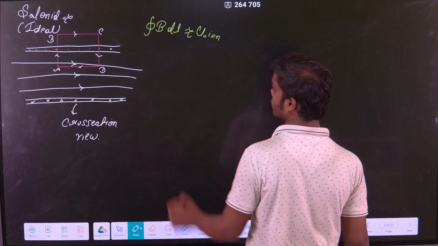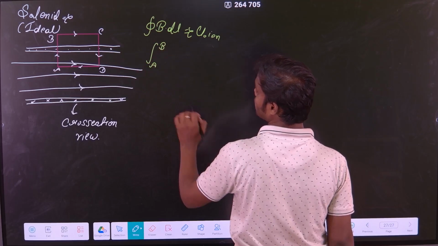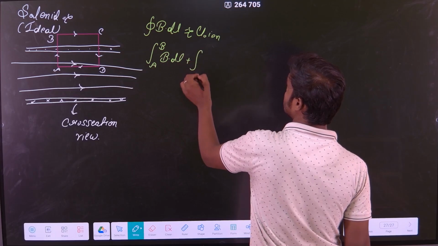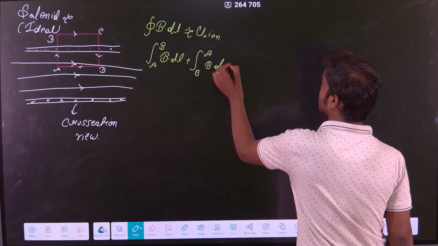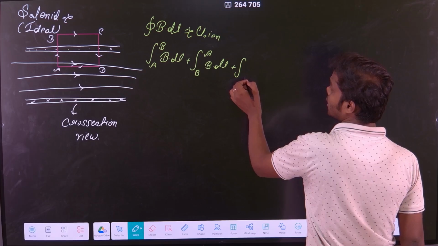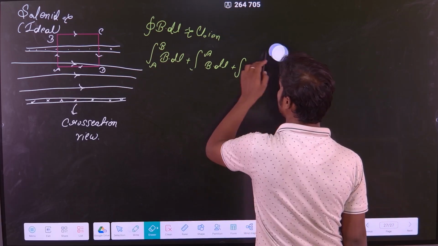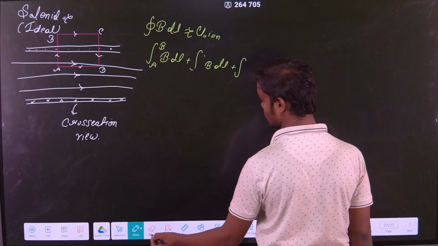Okay, so first we will do for A to B, B dot dl. Then we do for B to C, B dot dl. And from here only you will understand why I am saying that we can't apply the Ampere circuital law everywhere. From here only you can understand this.